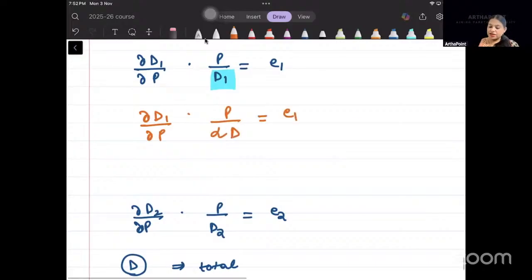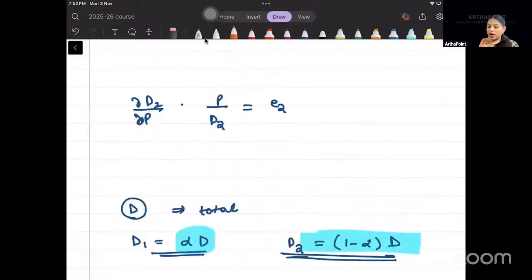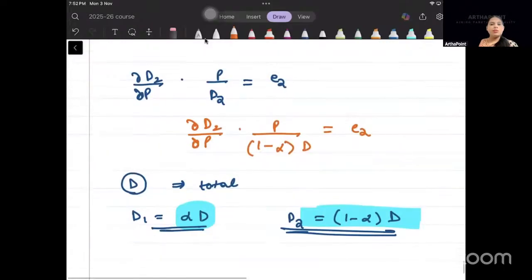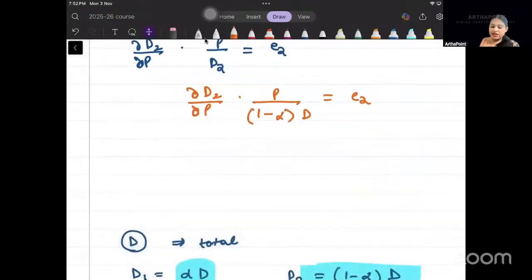So I'll get del D1 by del P will be E1 into alpha into D by P. Similarly, D2 is (1 minus alpha) D. So I'll get del D2 by del P into P by (1 minus alpha) D is E2. So del D2 by del P is (1 minus alpha) D E2 by P.